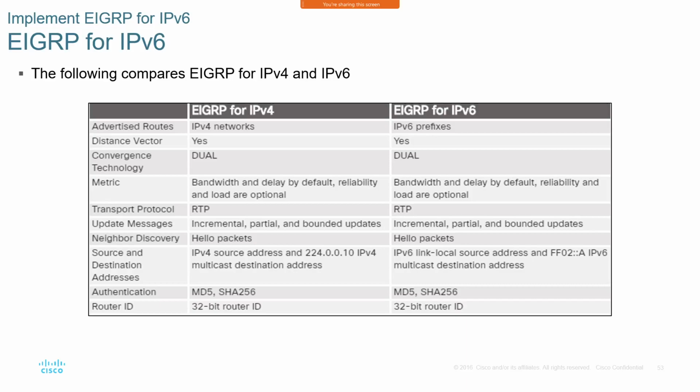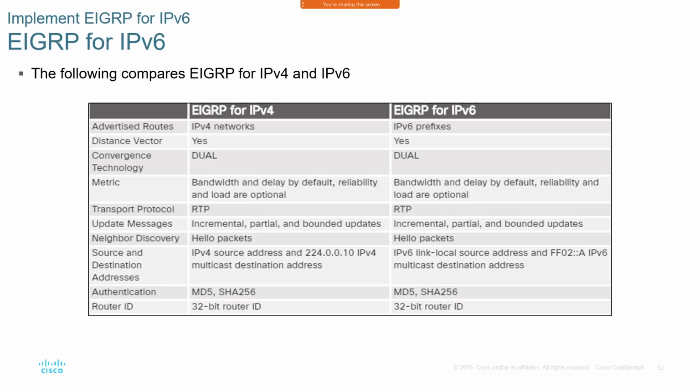EIGRP for IPv4 uses the multicast address 224.0.0.10, while IPv6 EIGRP uses FF02::A. Both of them support the hashing algorithms SHA and MD5, and both of them require a router ID.